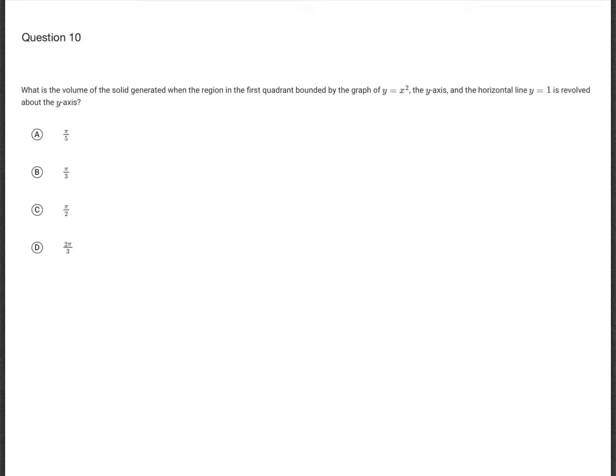Okay, so revolving around the y-axis, and this is the region in the first quadrant, bounded by y equals x squared, line y equals 1, y equals x squared.